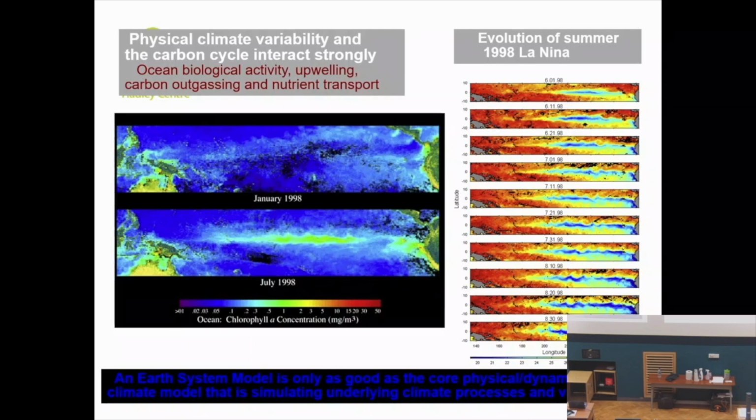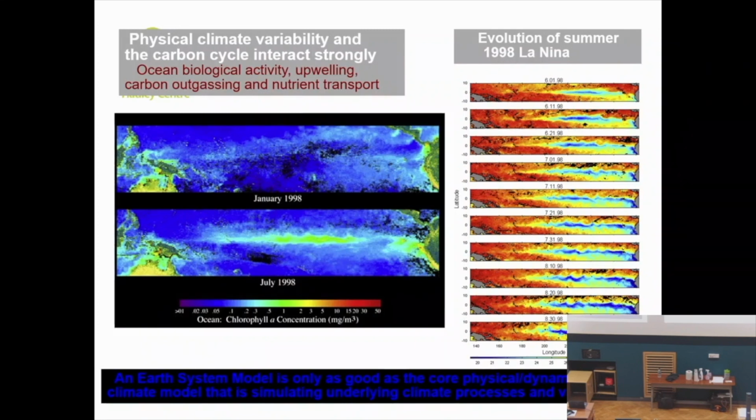Biological activity in the ocean will be dependent on temperature, on nutrient availability, on light, and indeed on the transport, advection and mixing within the ocean. So the performance of an ocean biogeochemistry model will be very sensitive to the physical and dynamical processes occurring in the ocean itself.